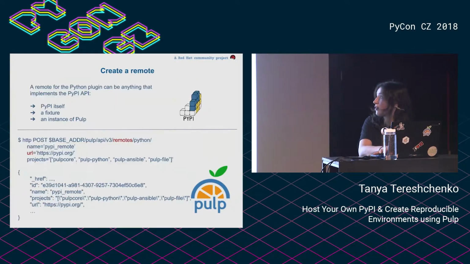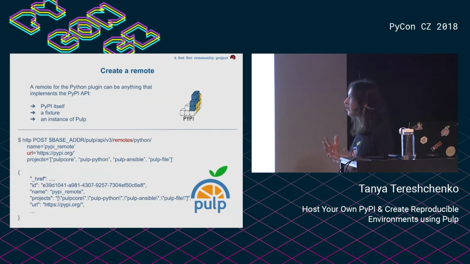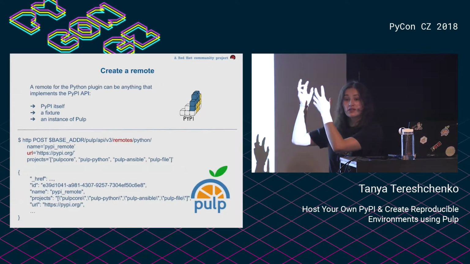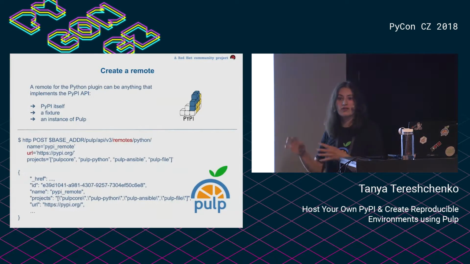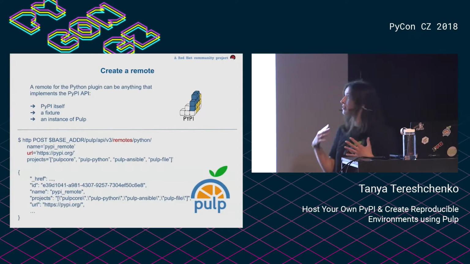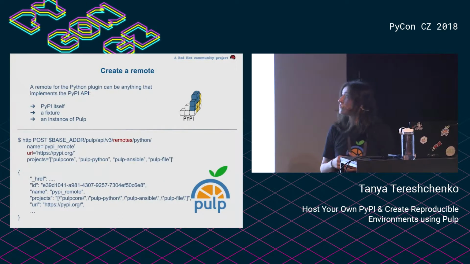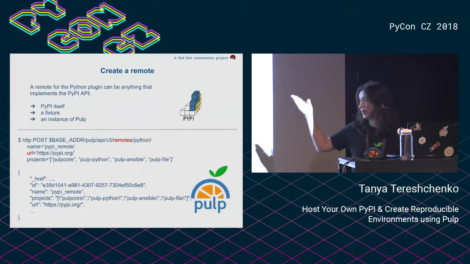Good, so we have a repository. Now we need to create a remote. A remote knows about how to import data into Pulp. It knows the details about the content and the structure, so it's plugin specific. A remote for the Python plugin can be anything that mimics the PyPI API. It can be PyPI itself, it can be some kind of fixture, or an instance of Pulp.